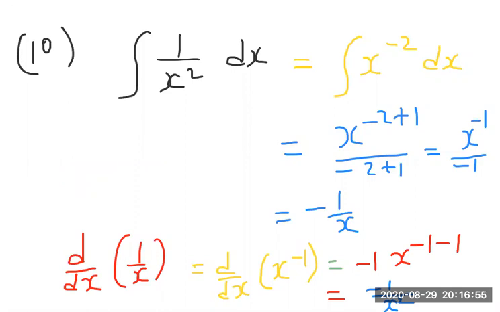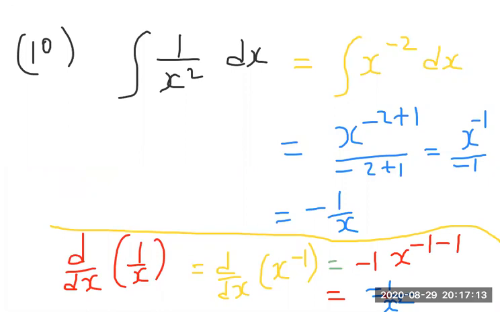I want to confirm that if you observe these two things very particularly: integral 1 by x square dx is minus 1 by x. Differentiation of 1 by x is minus 1 by x square. Why minus 1, sir? Why minus 1?